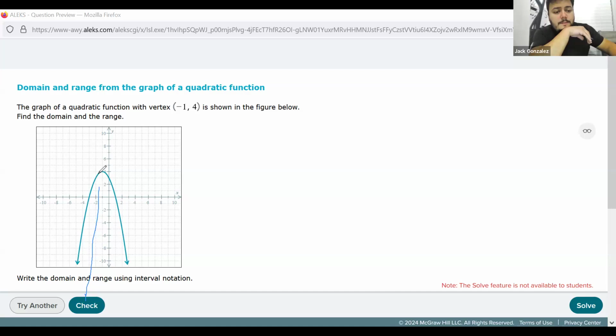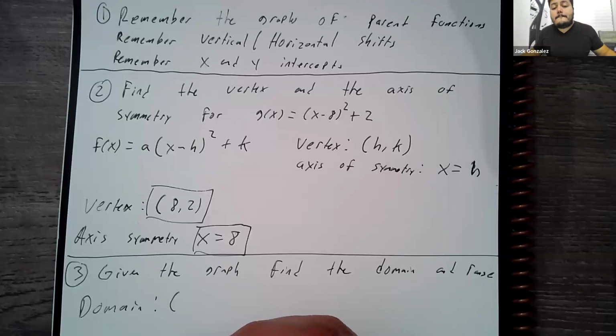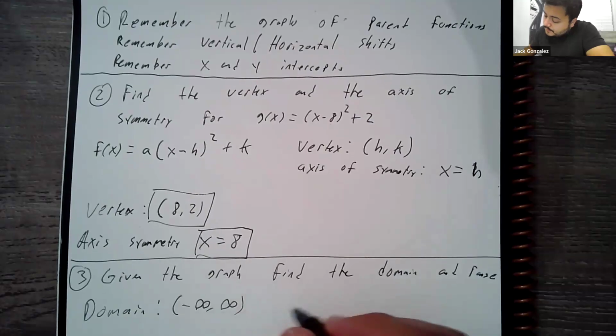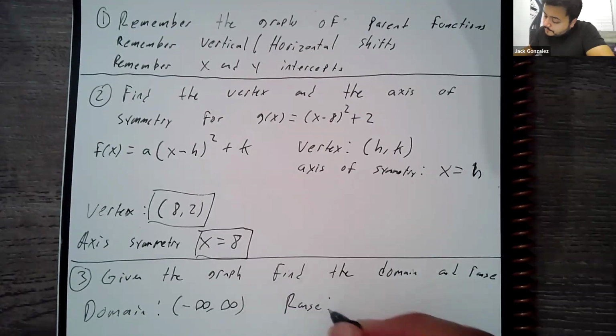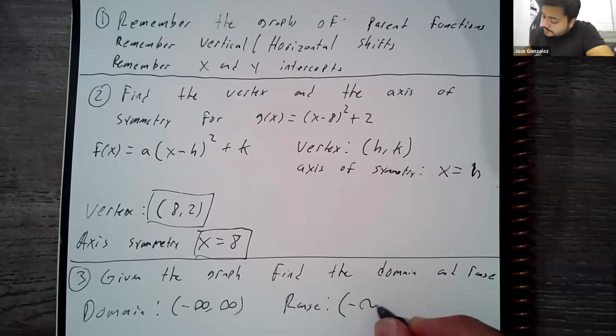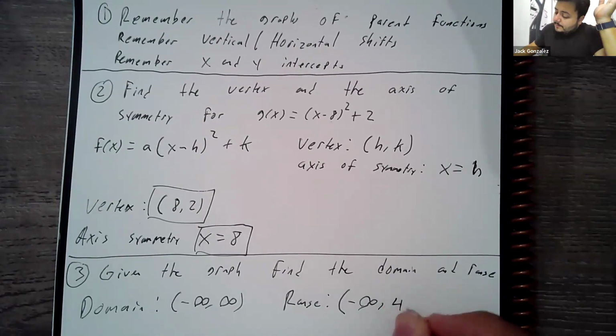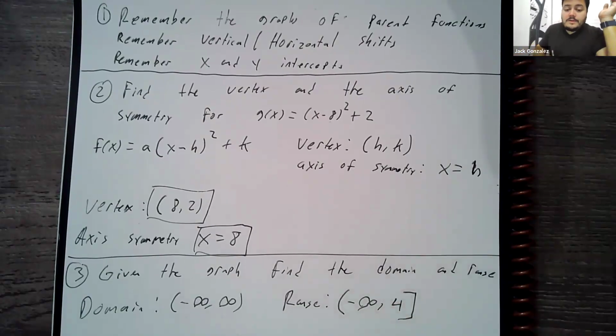There's a highest point, right? Go domain, switch over. It's negative infinity to infinity. Range. Lowest number is negative infinity because it keeps going down. And the highest point it hits was a 4, right? So bracket.